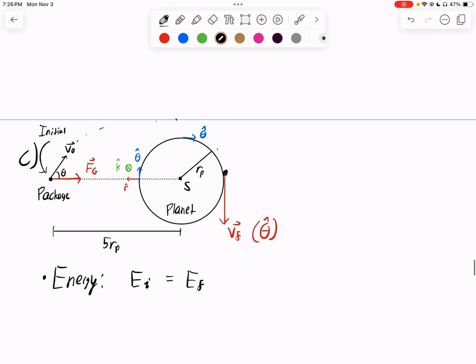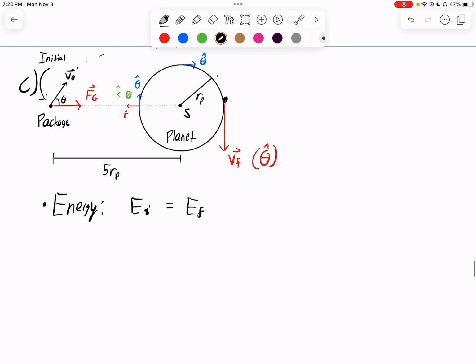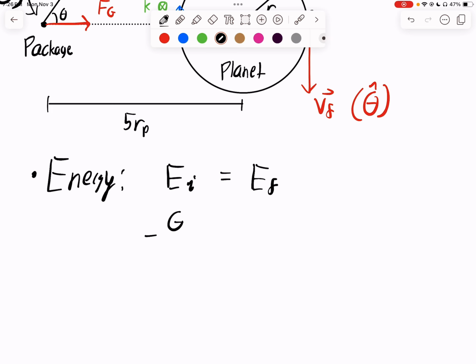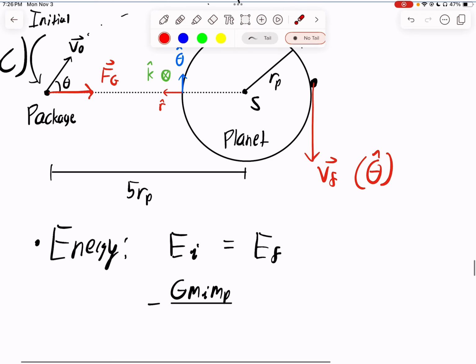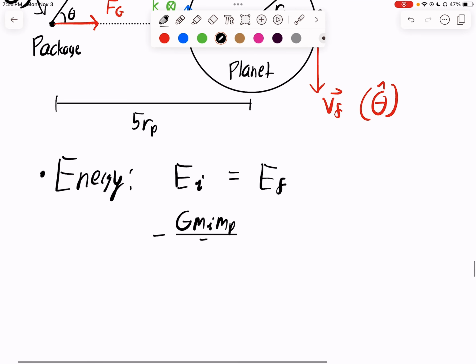The two energy types we have are gravitational and kinetic, since it has a starting velocity. Gravitational potential energy is negative G, the mass of the package, and the mass of the planet over the radial distance from the planet core, which is 5 R_p.